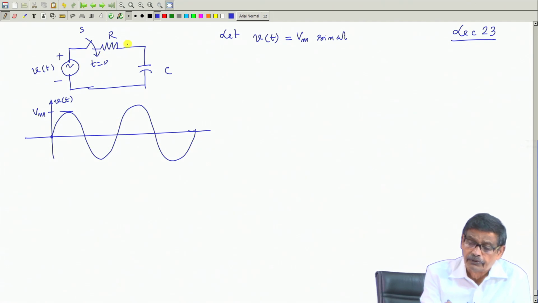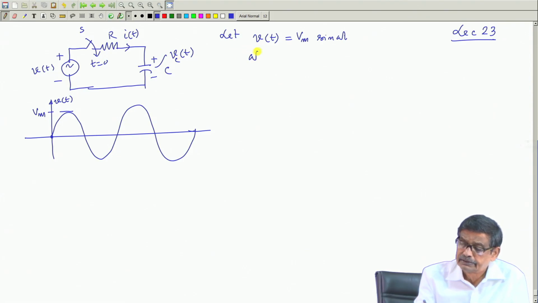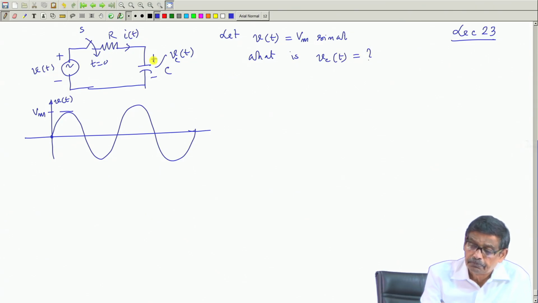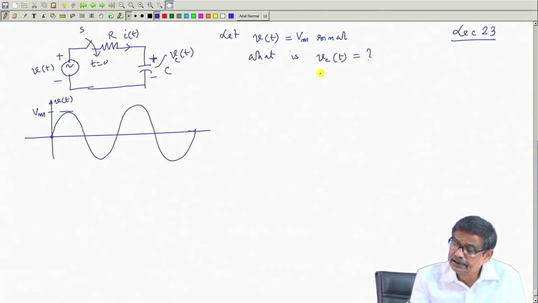I want to find out not only the current, but the voltage across the plates of the capacitor, VC t, with this plus and this minus, and the boundary condition is 0.